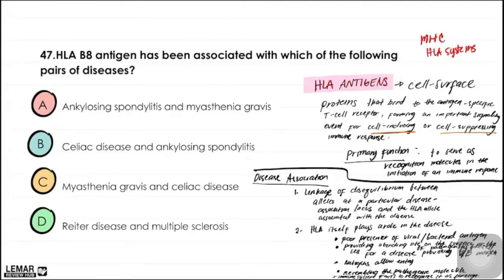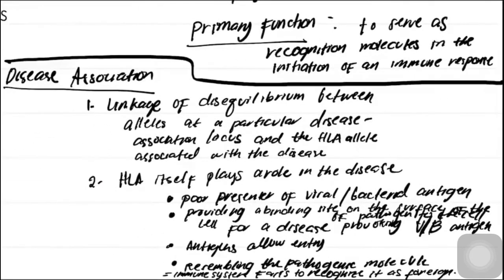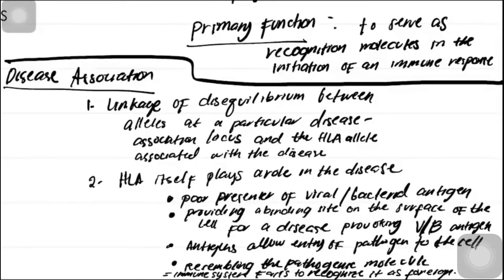First, being a poor presenter of viral or bacterial antigen. Or these antigens may provide a binding site on the surface of the cell for disease-provoking viral or bacterial antigen. Next, HLA antigens may allow entry of a particular pathogen into the cell. And lastly, resembling the pathogenic molecule, so that the immune system fails to recognize it as foreign, or fails to mount an immune response against it.